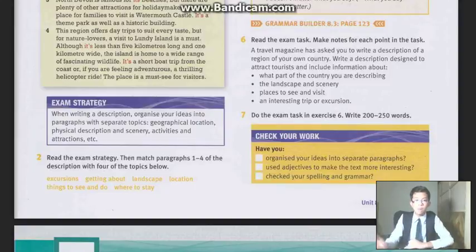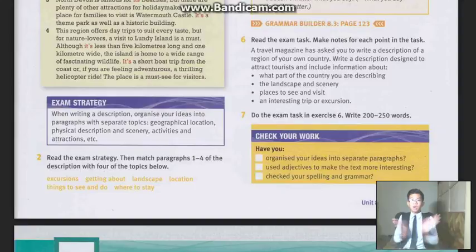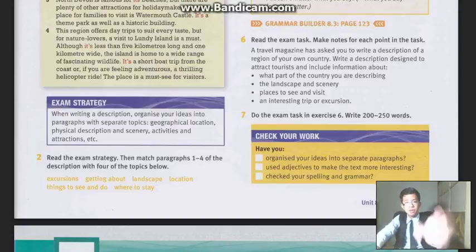Include information about what part of the country you're describing, the landscape and the scenery, places to see and visit, an interesting trip or excursion. Alright, so we have 4 bullet points, so that means we have 4 paragraphs, and each paragraph talks about one of them. Put them in order.